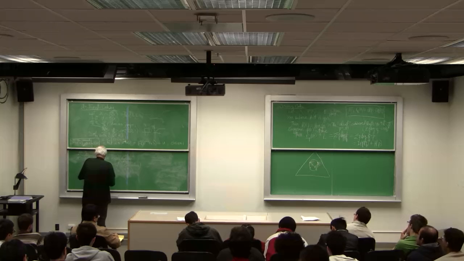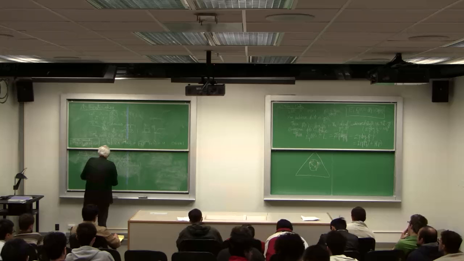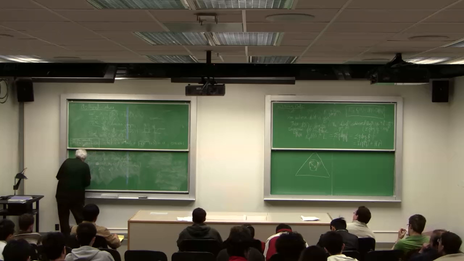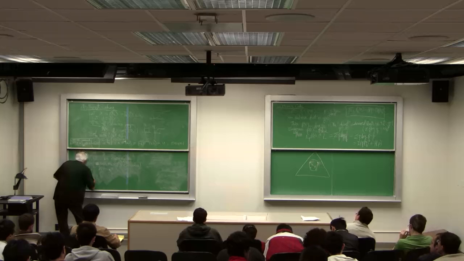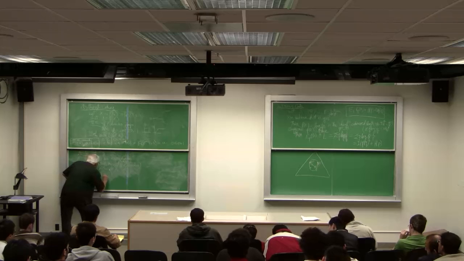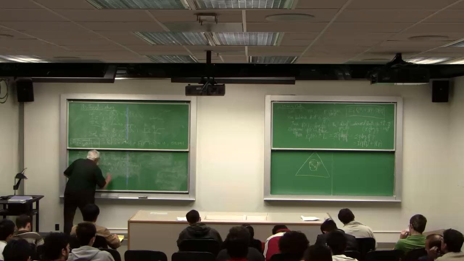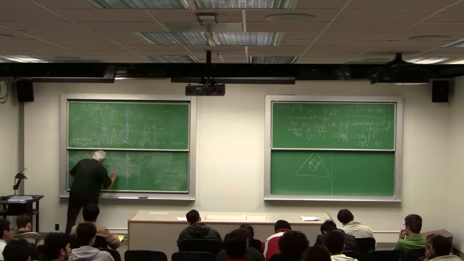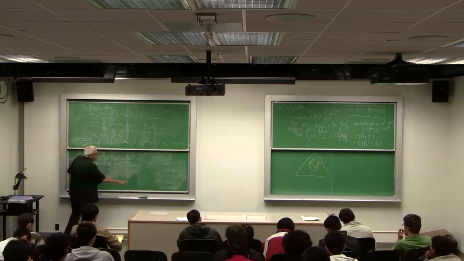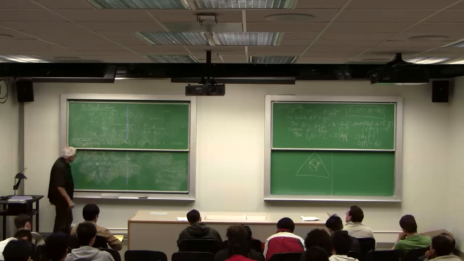Then let U equal F of X. All right, so here's X that we get from the stochastic process.